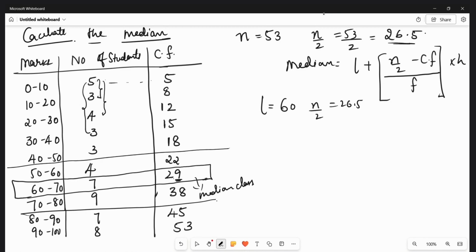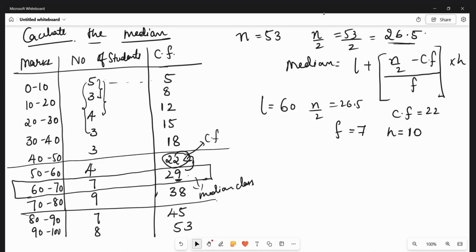CF is the cumulative frequency of the class preceding the median class, that is 22. And F is the frequency of the median class, that is 7. And H is the class size, that is 10.